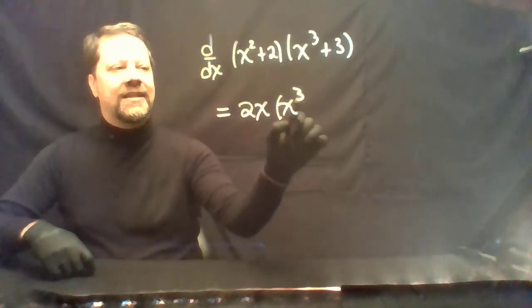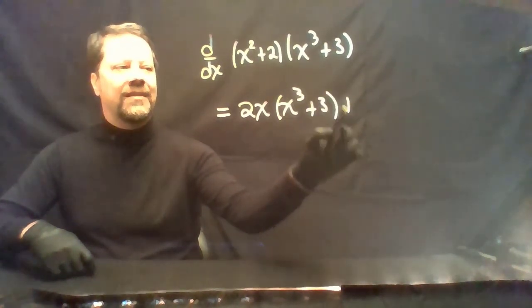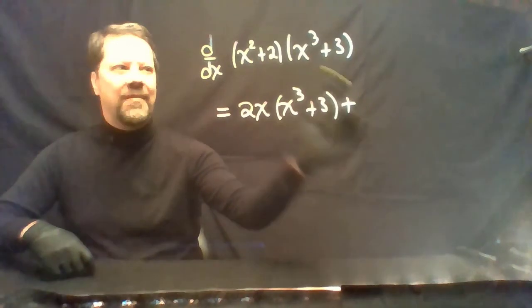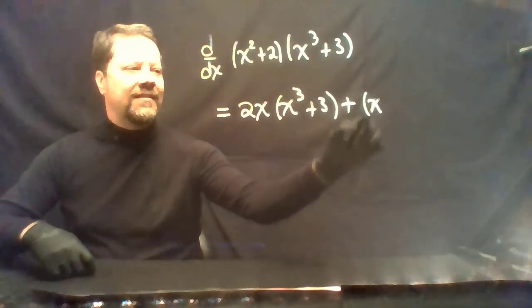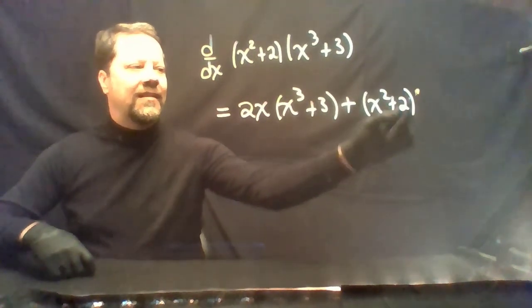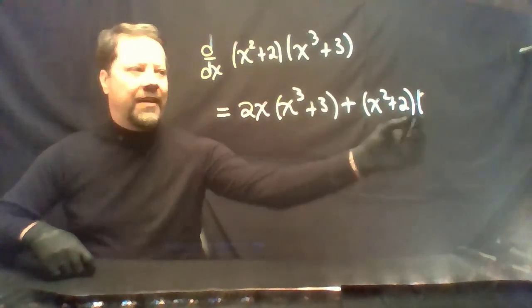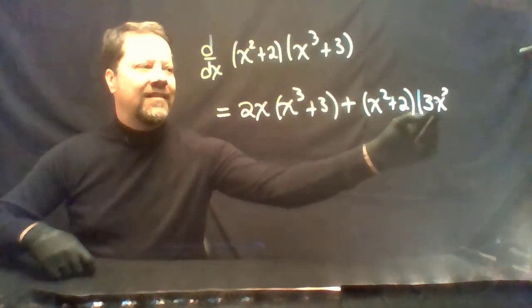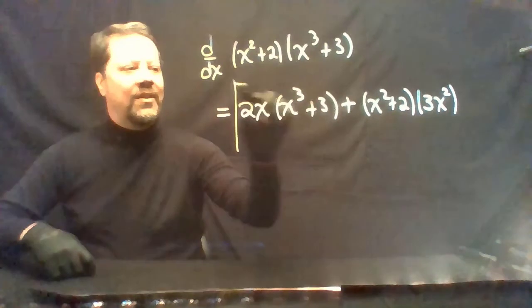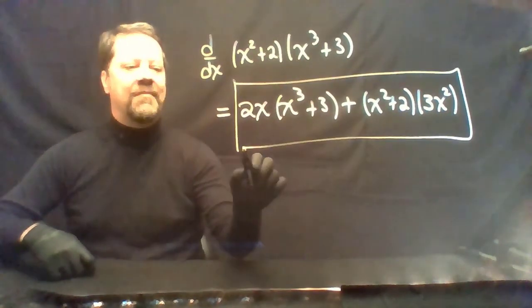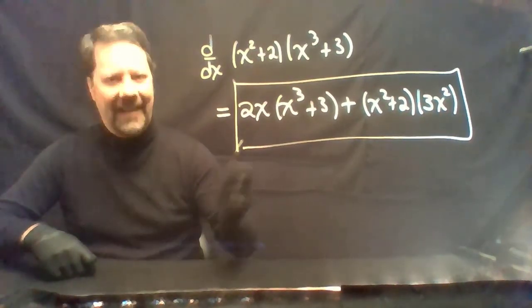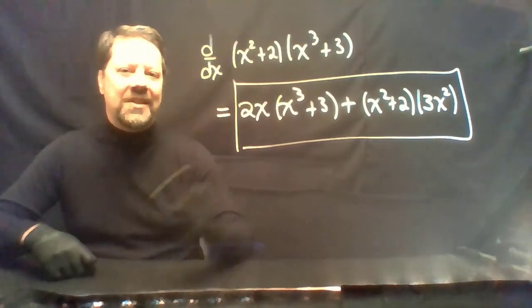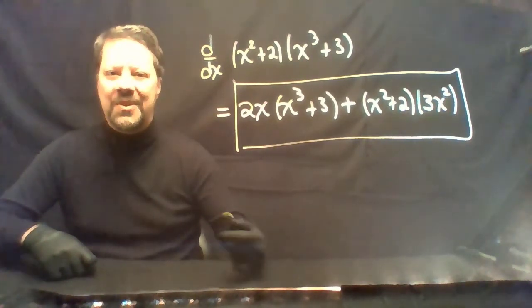We leave the second factor alone, and then it's plus the first times the derivative of the second. When it comes to the exam, I want you to leave it at this point. The rest is just algebra, and I'll presume that you can do that.